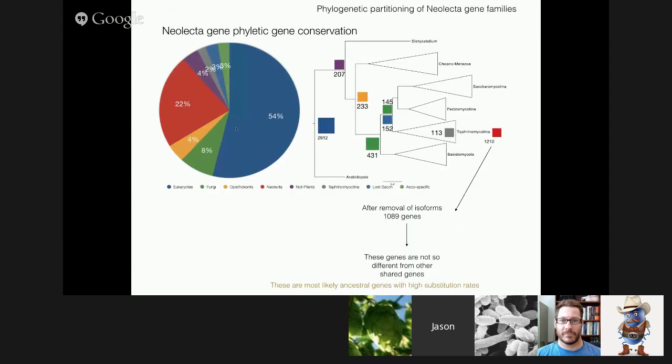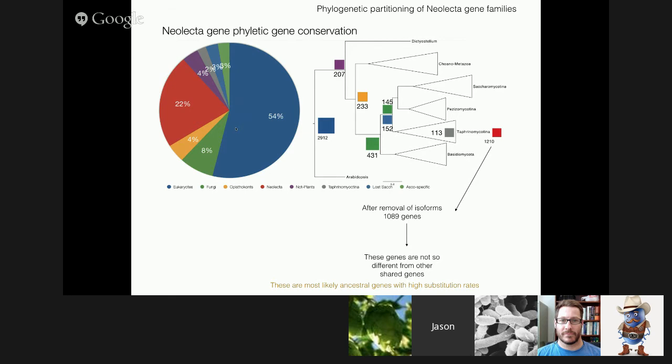One last thing about this idea of complexity is if we take the Neolecta genome and look at what percentage of the genome is found in other fungi. On the very right-hand side, you see a red box, and it says 1210. That represents the number of, in that case, isoforms. If we reduce the isoforms down, it's about 1,100 genes that are specific to Neolecta.